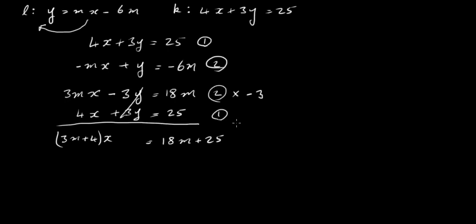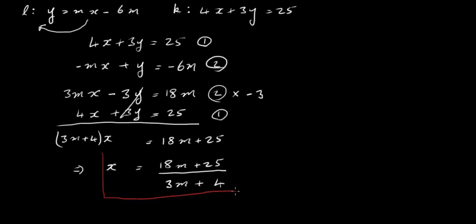Okay, so now I can find my x coordinate. x is equal to 18m plus 25, divided by the coefficient of the x on the left hand side, which is 3m plus 4. So this is my x coordinate. That's the first part of my answer here.